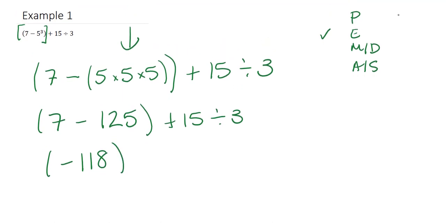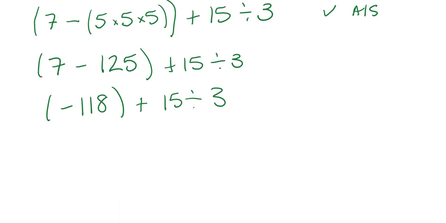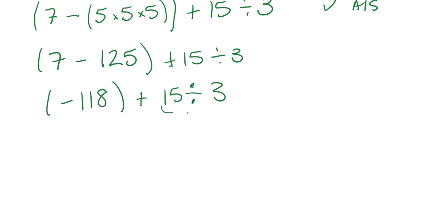Notice that we did the big step of the parentheses, and we did the small step right inside the parentheses. So there's no more there, and then we have no more exponents. So let's rewrite this whole thing. The next step would be to divide. This is where our division is.